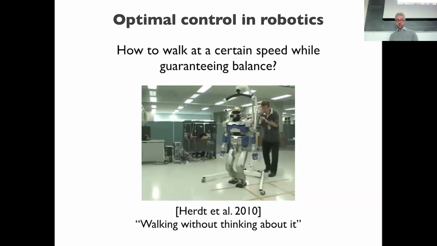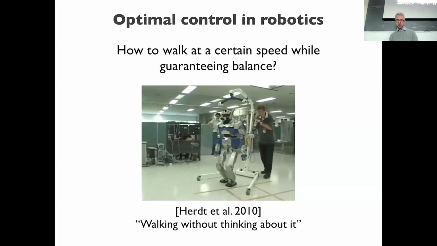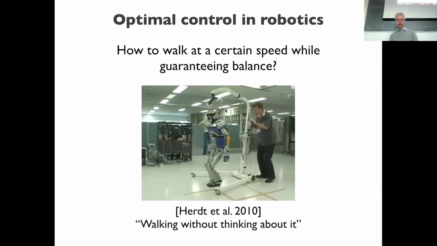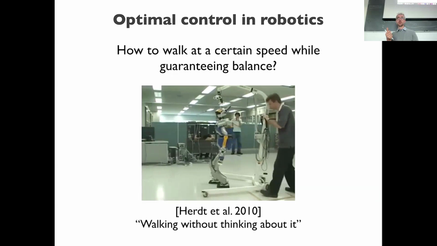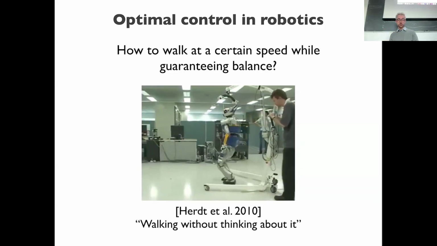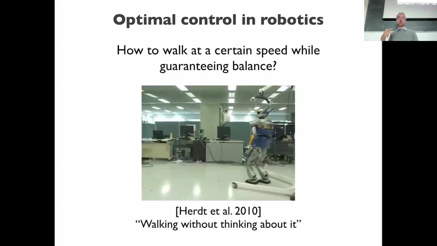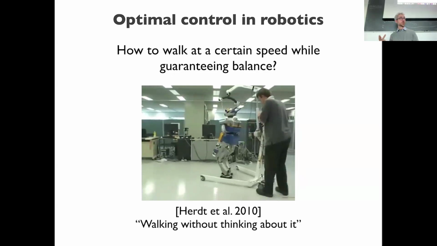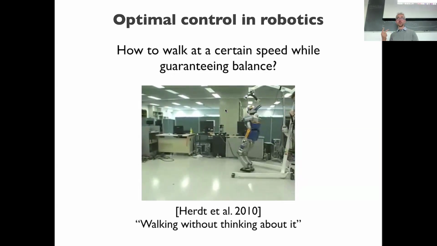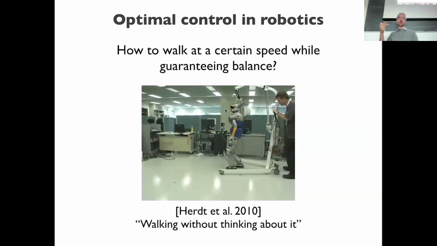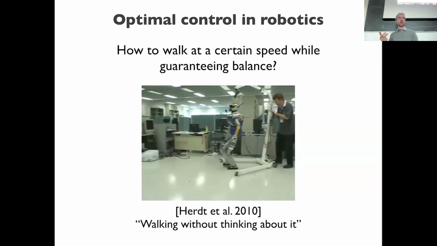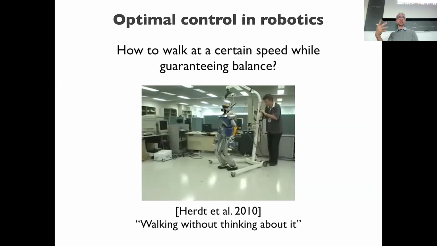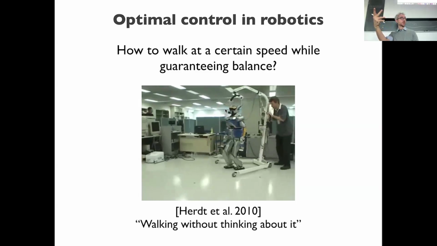What's even more impressive is that in this case, the robot is receiving commands from a joypad that a human operator is using, and the motion is computed in real time. So the robot doesn't know in advance where it should go. It just receives these commands from the joypad, and it computes online the motion and then executes it.